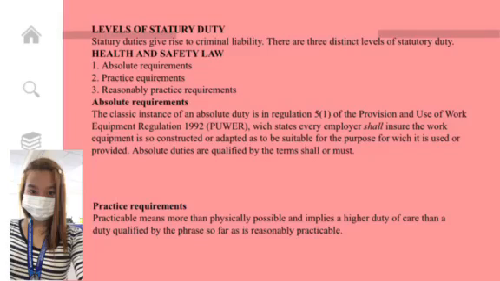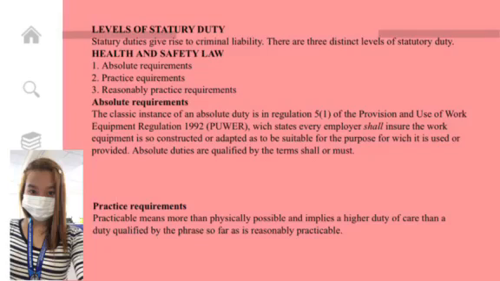In absolute requirements, the classic instance of an absolute duty is in Regulation 5 of the Provision and Use of Work Equipment Regulations 1992, or PUWER, which states every employer shall ensure the work equipment is so constructed or adapted as to be suitable for the purpose for which it is used or provided.